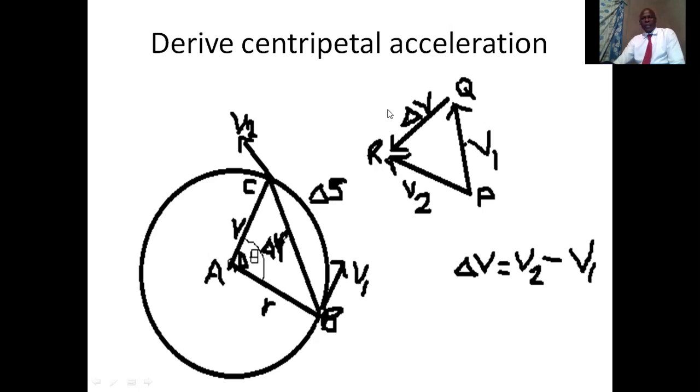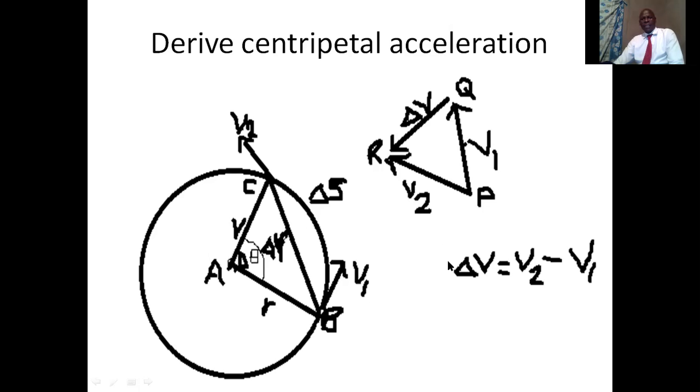If we draw these velocities, we have velocity 2 and velocity 1, and the difference between these two would be delta V. So we have this triangle PQR.